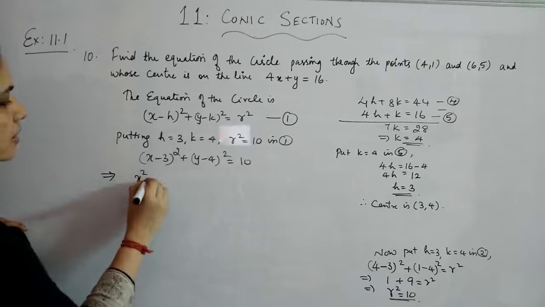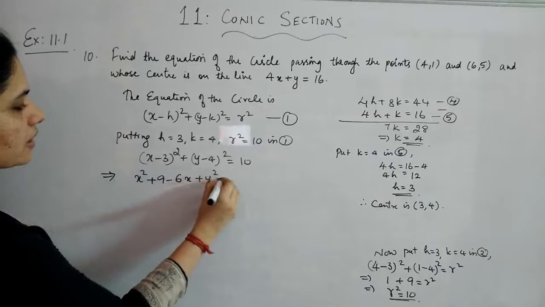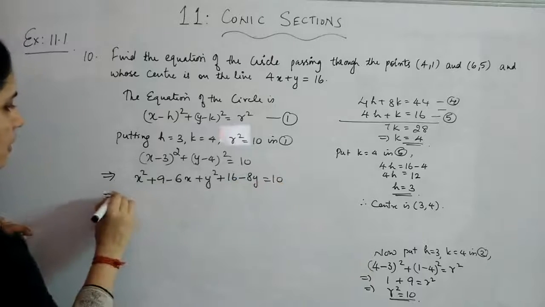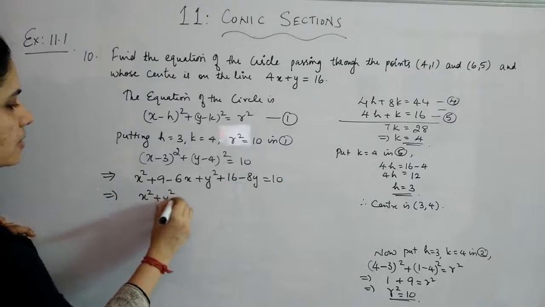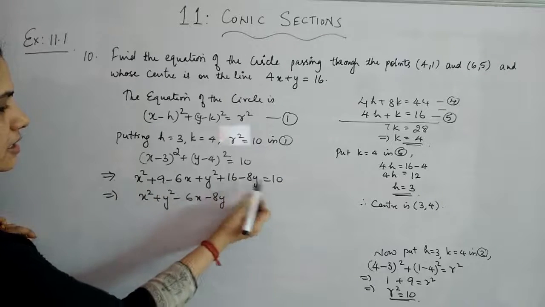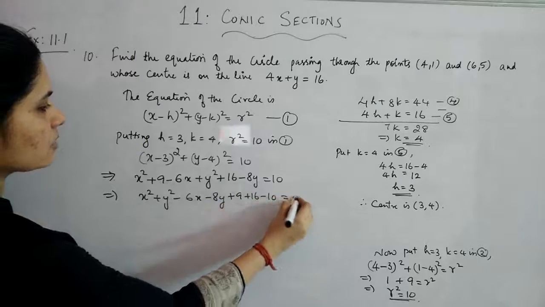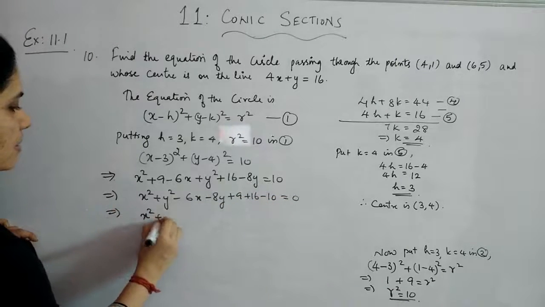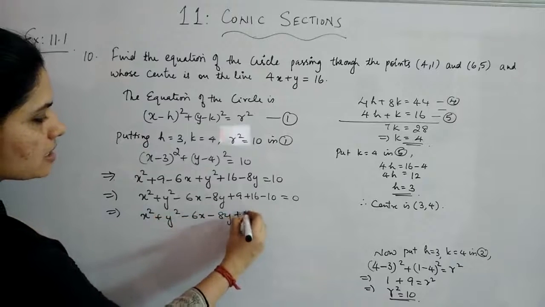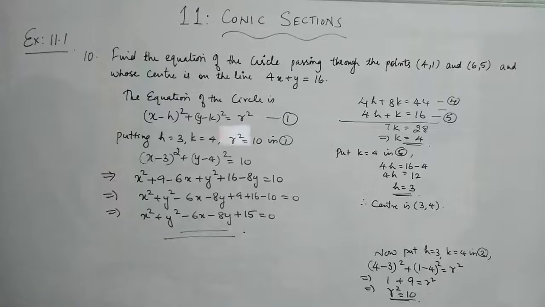So you will get x square plus 9 minus 6x plus y square plus 16 minus 8y equal to 10, or x square plus y square minus 6x minus 8y, and this 10 will come here, so plus 9 plus 16 minus 10 equal to 0. So that you are getting x square plus y square minus 6x minus 8y plus 15 equal to 0. So this is the equation of the circle.